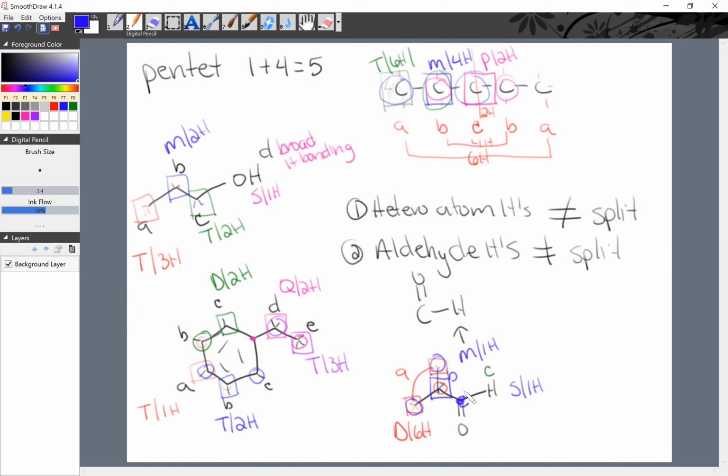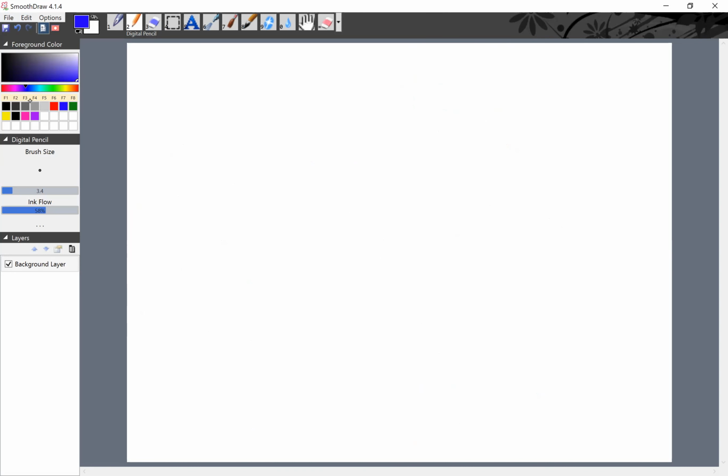Now, I did talk about that J value. So let me delete this page. And just really briefly, I was talking about the symmetry on these splitting patterns. If you actually measure this difference, that's called a J value.